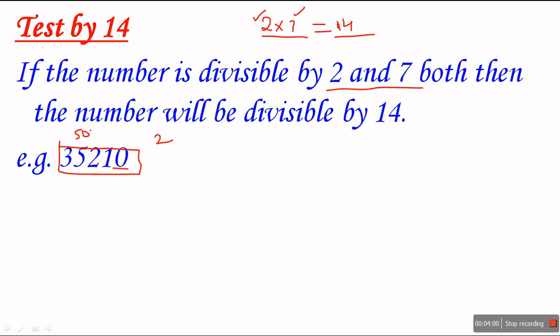So 7 threes are 21 and this is 0. So the number is divisible by 7 and divisible by 2. So the number is divisible by 14. You have seen in the case of 6, we searched 2 coprimes, 3 and 2. In the case of 12, we searched 2 coprimes, 4 and 3. In the case of 14, we searched 2 coprimes, 2 and 7.